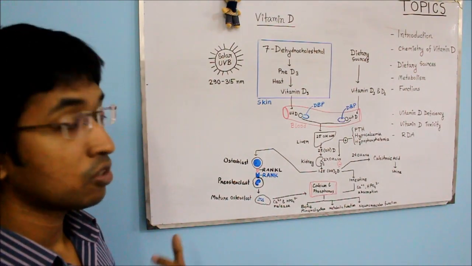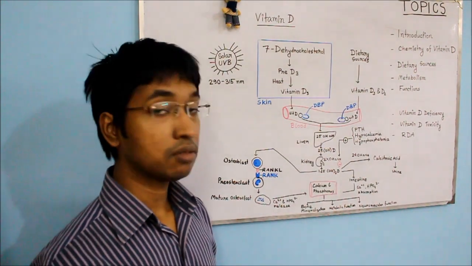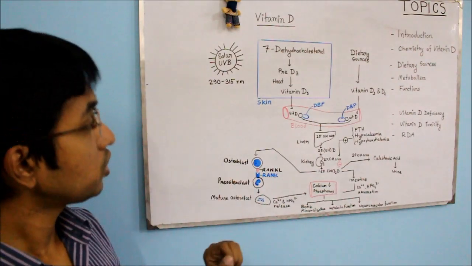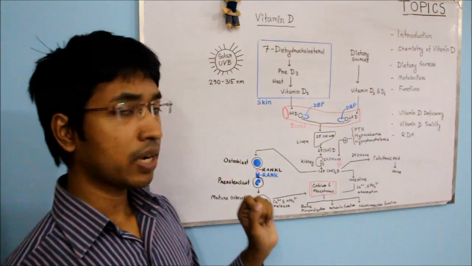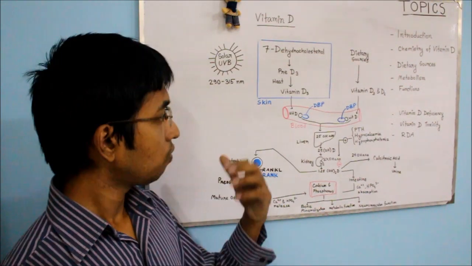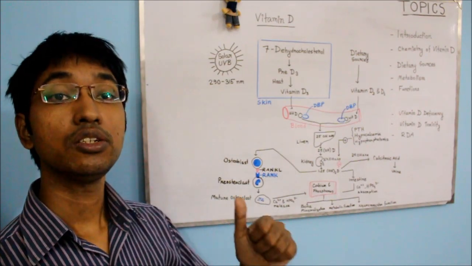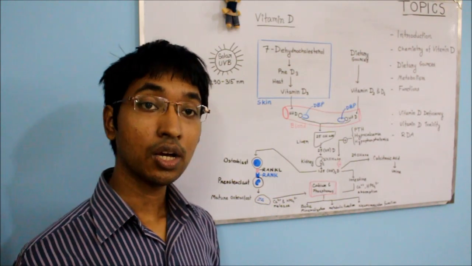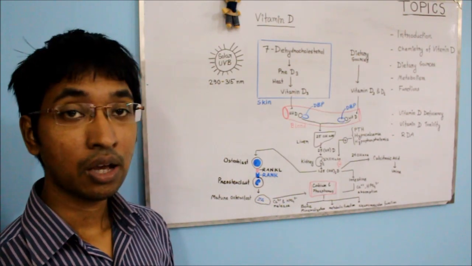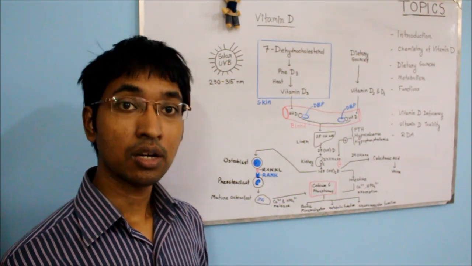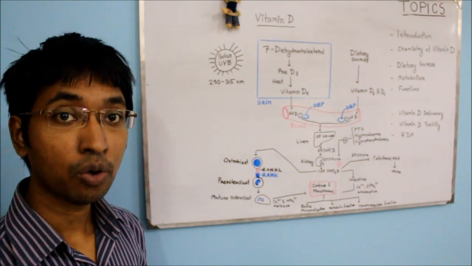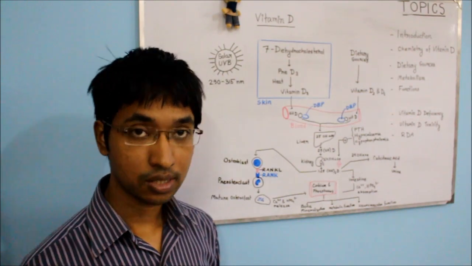Similarly, whenever we are talking about the vitamin D that we get from the dietary source, that vitamin D, either vitamin D3 from the animal sources or vitamin D2 from the plant sources, both are absorbed along with other fat substances with the help of bile salt and micelles.